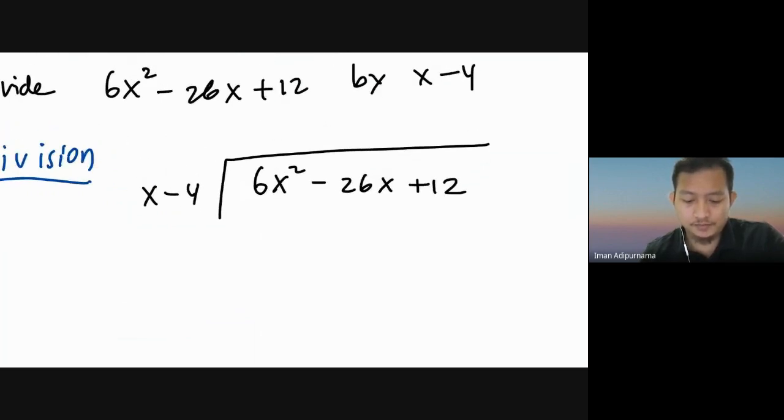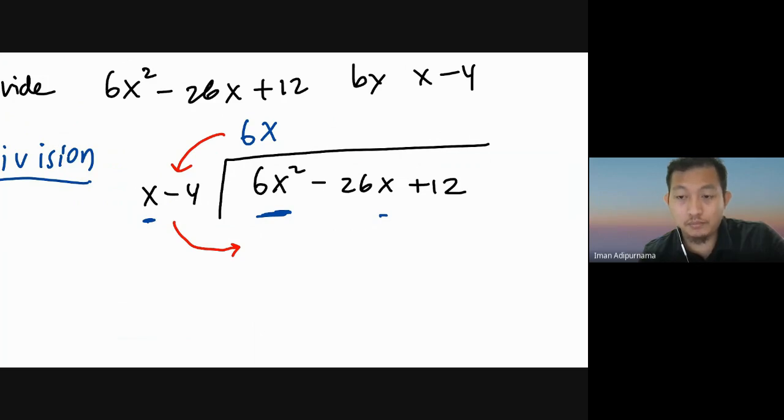Look at the variable. We have a polynomial of degree 2 here, the highest one, and this is degree 1. So to get this value, we need to multiply by 6x, and put the result at the bottom.